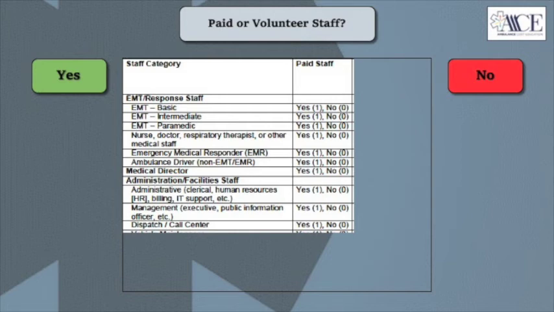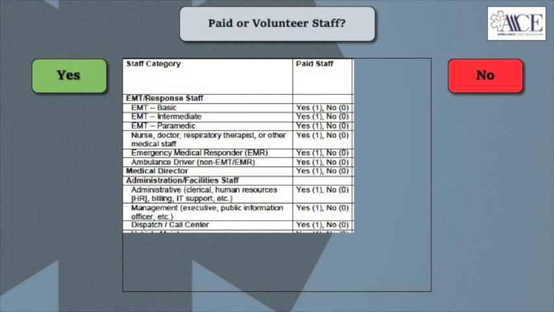So you would answer yes there, and then it's going to drill you down into other information. On any of these categories, whether it's EMTs, intermediates, or AEMTs, paramedics, nurse, doctor, respiratory therapist, if you employ them, especially if you do specialty care type transport work, you might have respiratory therapists, nurses riding on some of your units. Your EMRs, your ambulance drivers that are non-EMR.